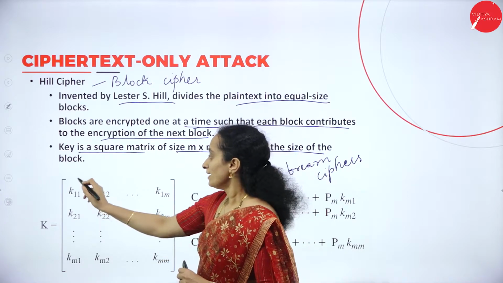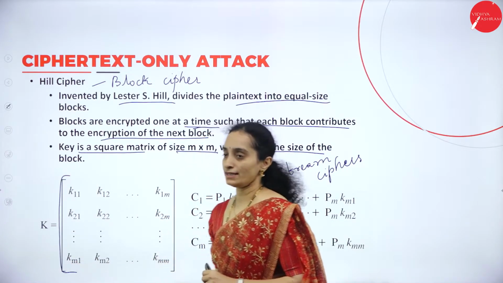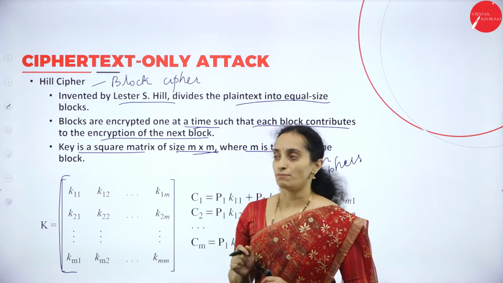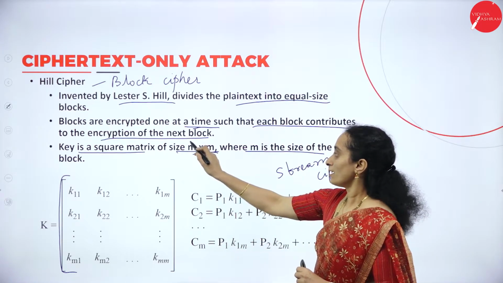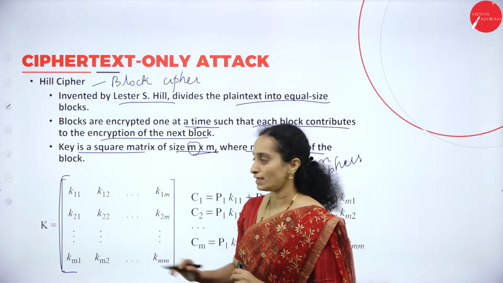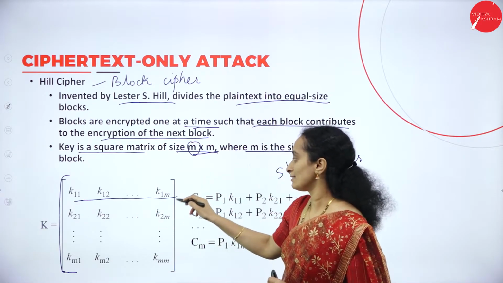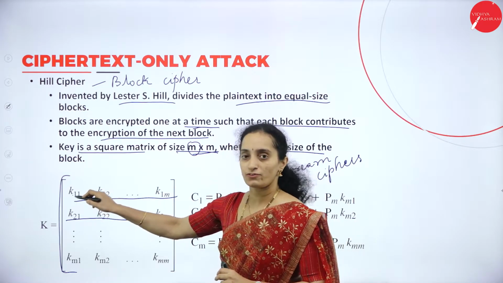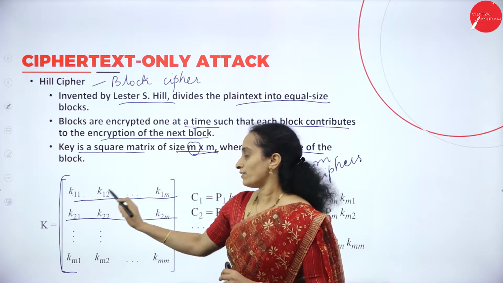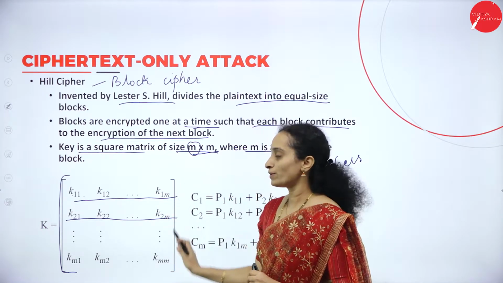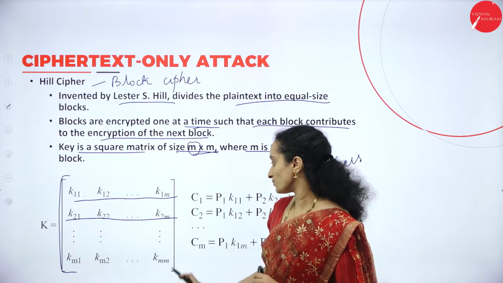Here we have a key matrix consisting of the size m into m. m is the number of keys that are used, how many keys you are using. That has been arranged in this way, row and column. First row, first column will be K11. First row, second column will be K12, like this, 1 to m. m is how many columns you have.